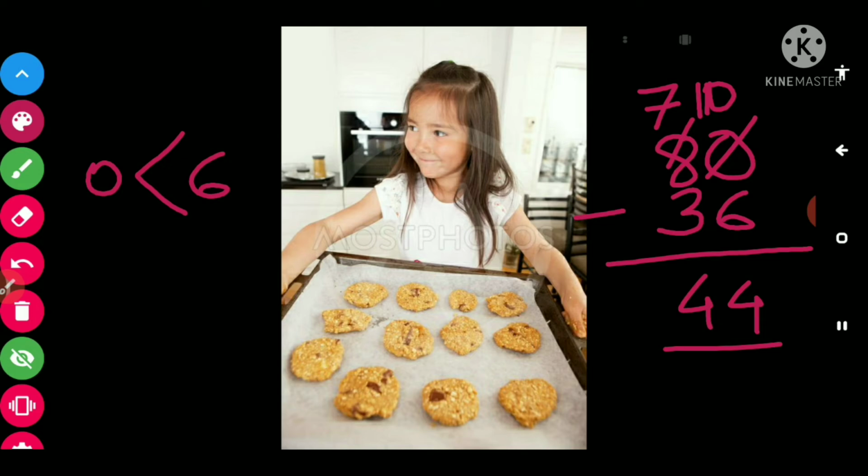So the number of cookies that are left with her is how much? 44 cookies. So after distributing 36 cookies from 80, the cookies that are left with her are 44.